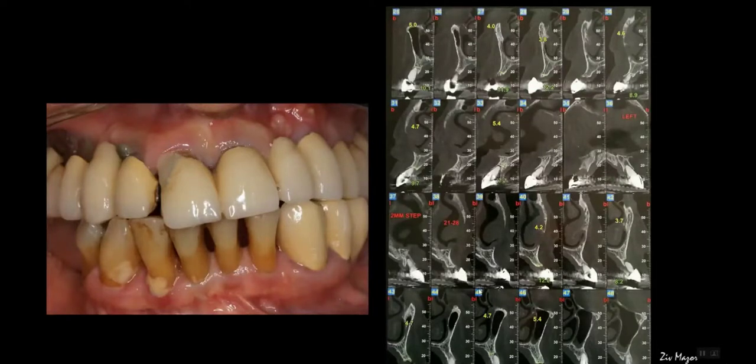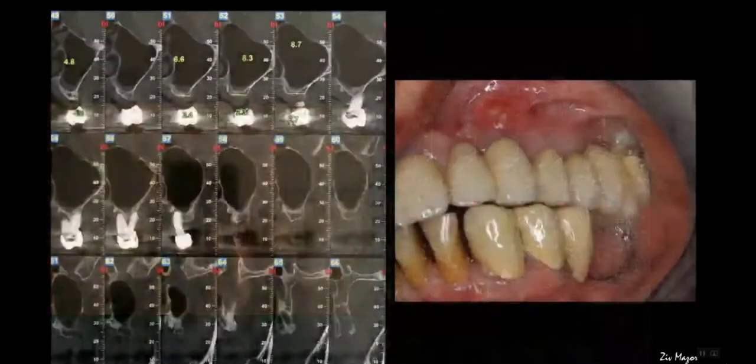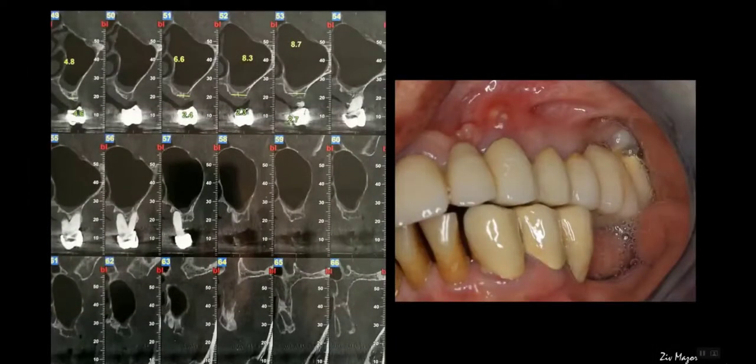And when I see trabecular bone present, that is for me a very big advantage because I can utilize and transfer this bone into a high density bone by osseodensification. That is the upper left, which is looking exactly the same as the upper right.